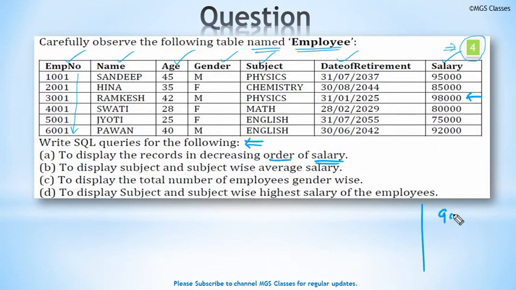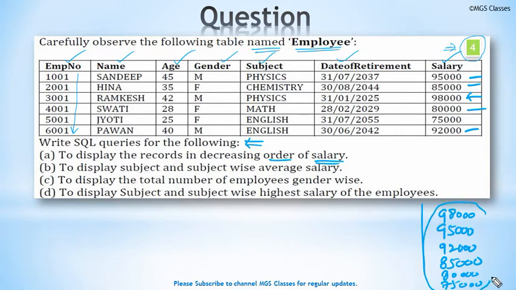So 98,000 should come first, then 95,000 second, then 92,000 third, then 85,000 fourth, 80,000 fifth, and 75,000 sixth. In this format he needs the output and he wants a SQL query.